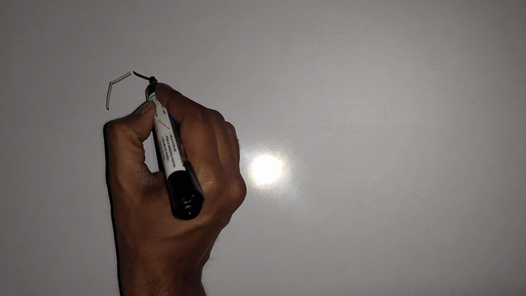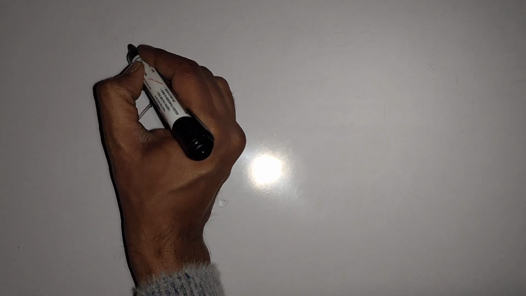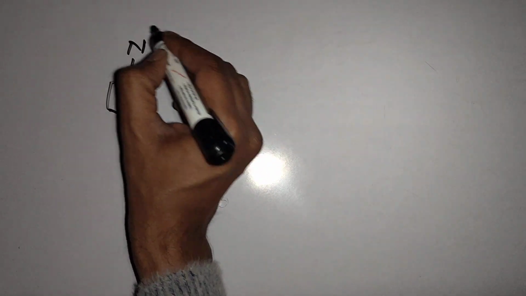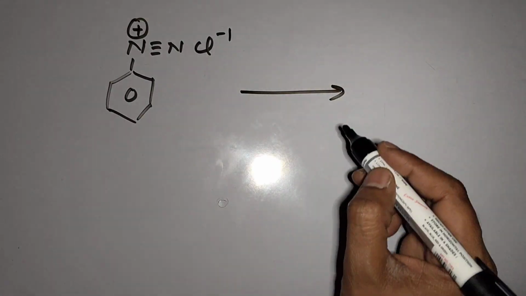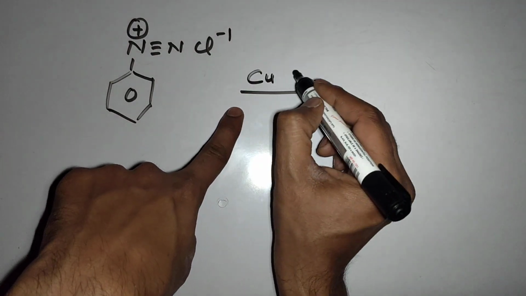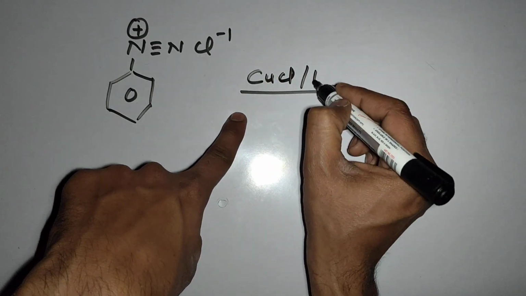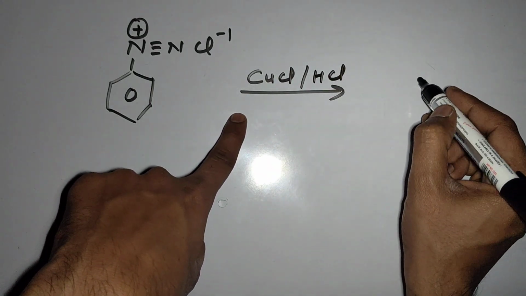First, the Gattermann condition is just similar to Sandmeyer reaction, only a minor difference is there. In Sandmeyer reaction, you were using CuCl and HCl to produce chlorobenzene.